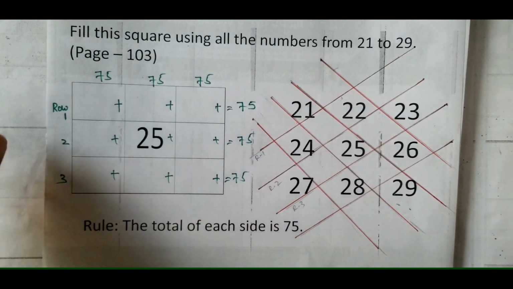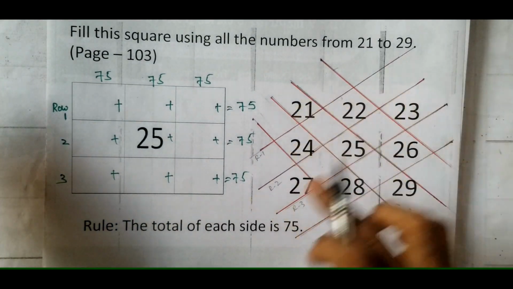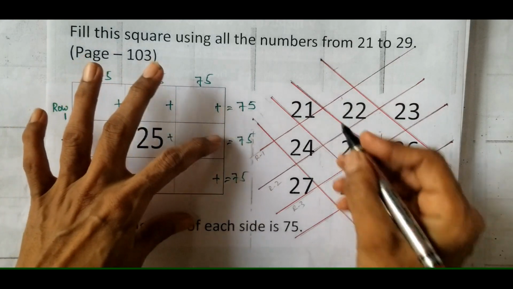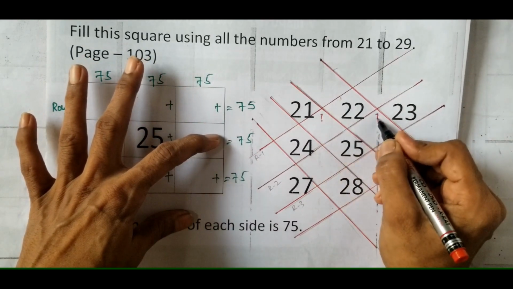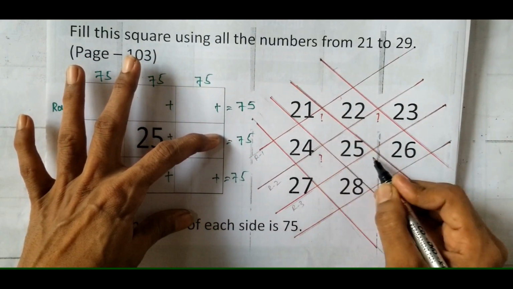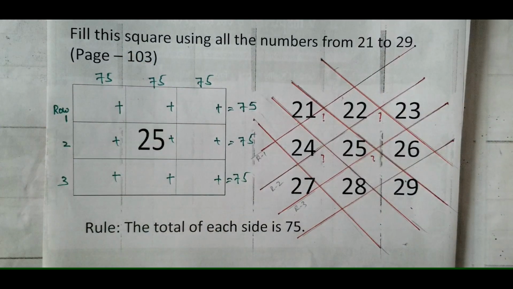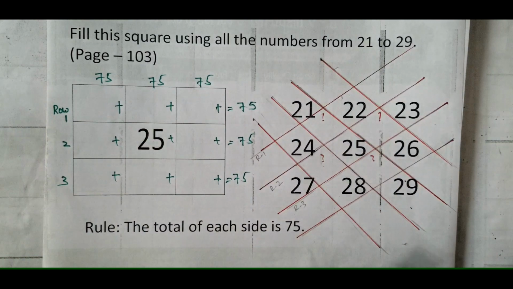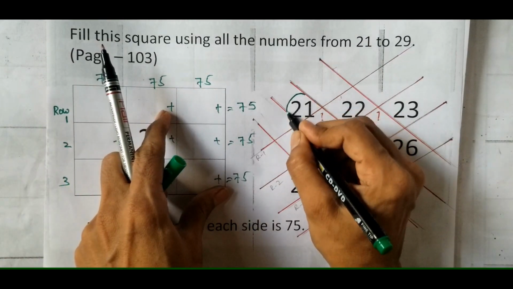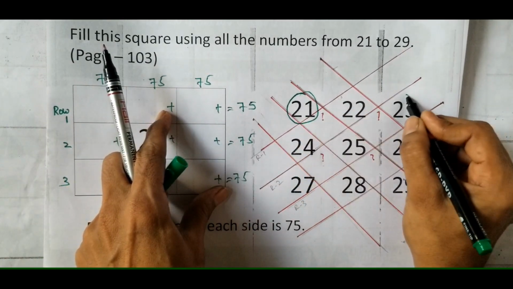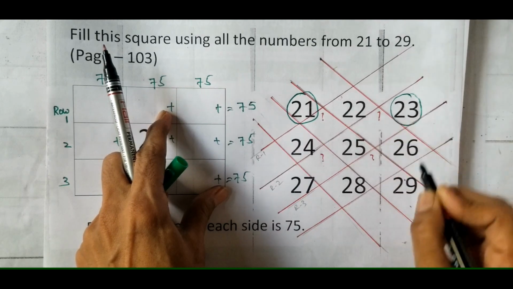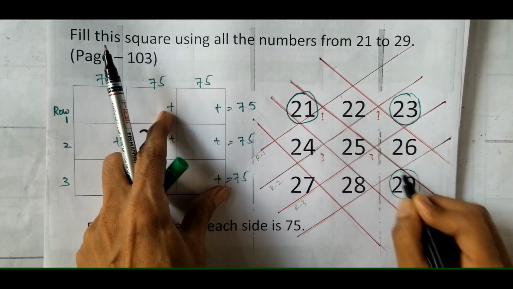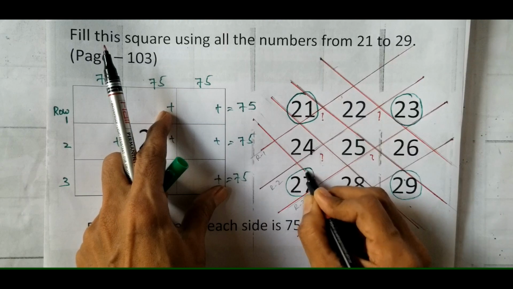Now if you see, in each box you can find one number, but still we have 4 blank spaces, and here 4 numbers, that is 21, 23, 29 and 27 are separate.